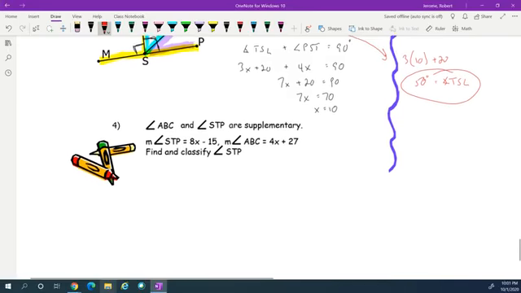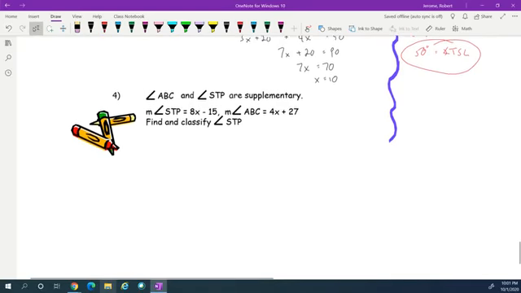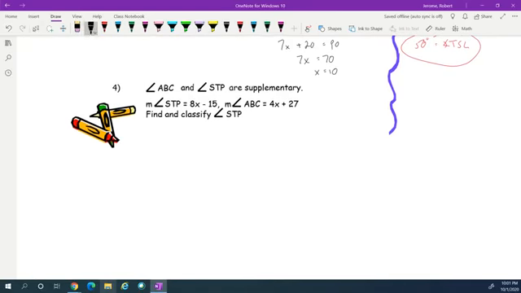And our last question here, I'm just going to scroll up and give us a little bit more room here. We have a vocabulary word. And what does supplementary mean? Well, supplementary means two angles that add to 180 degrees. And they gave us both the angles. They gave us STP, so that's 8x minus 15.